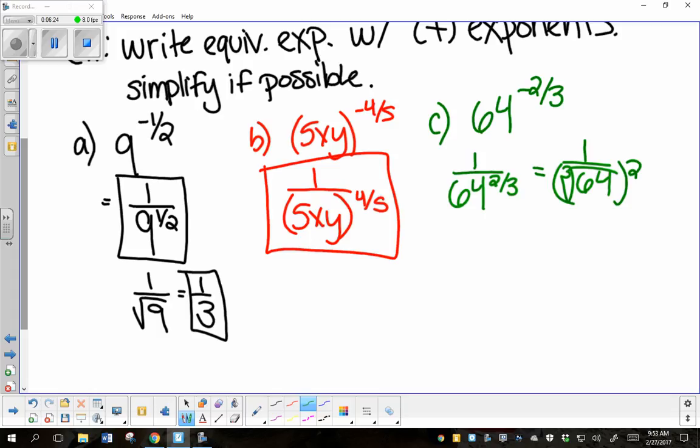Because this number becomes this root, the index, and the top number becomes out here. So does anyone know, raise your hand, the cube root of 64? Liv? Sweta? 4, right? 4 times 4 is 16 times another 4 is 64. So this is really a 4 in here. So this is really 1 over 4 squared. Everybody, what's 4 squared? 16. So it's just 1 over 16. Good. So you should have gotten 1 over 16. All right, 2 more examples here.